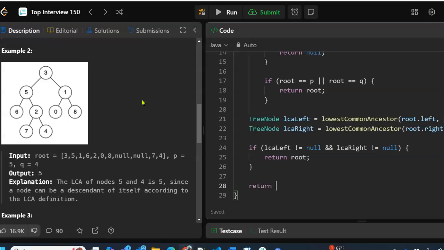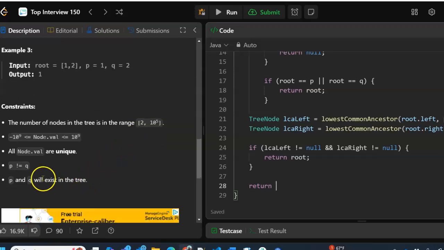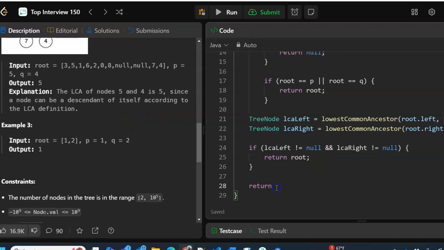Otherwise, is there something in here about it's guaranteed to be in the tree? Yes, P and Q will exist in the tree. Okay, I was going to say, if there's not a guarantee that they exist in the tree, this isn't going to work. But since they are guaranteed to be in the tree, we can do this.